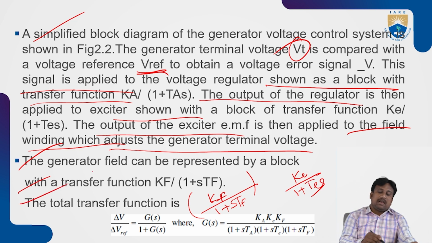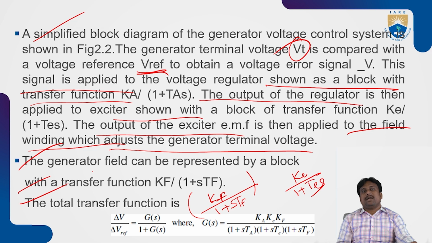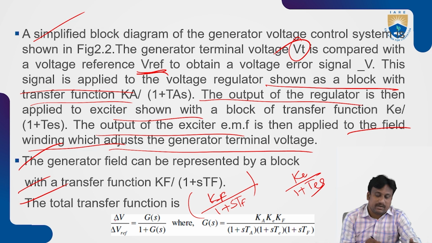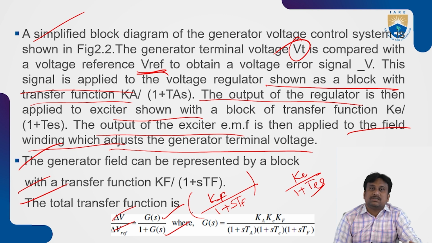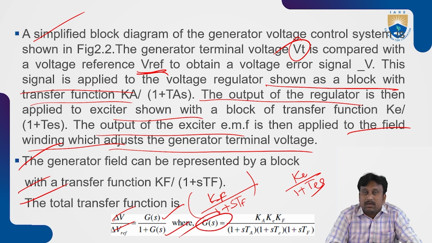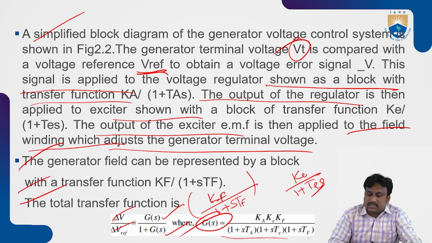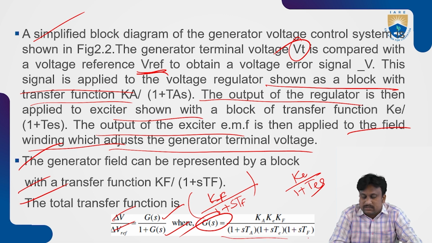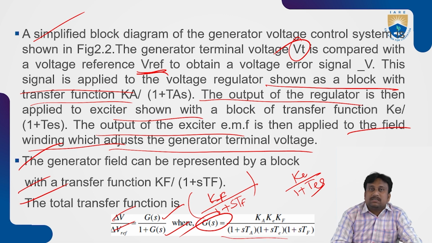Now the total transfer function is represented by delta V by delta V reference, which in terms of G of S is G of S by 1 plus G of S, where we consider G of S as K, Ke, Kf by 1 plus S Ta into 1 plus S Te into 1 plus S Tf.